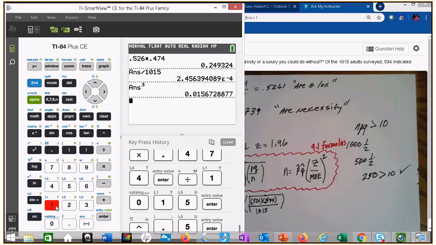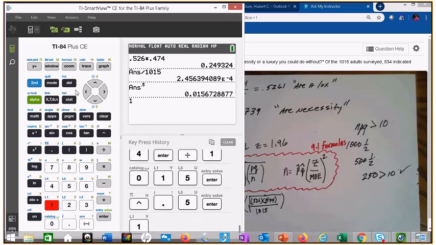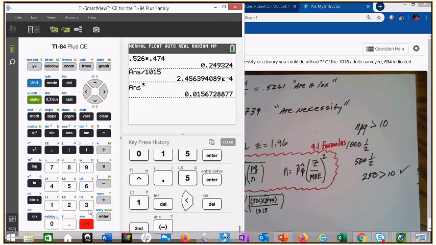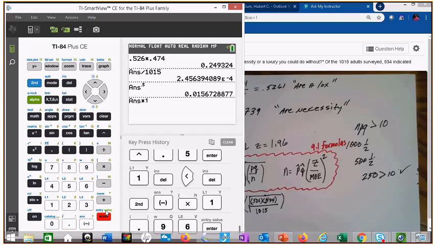Oops. Delete. Second answer times 1.96. Did you get 0.03?